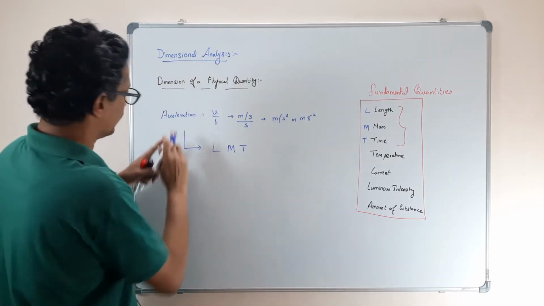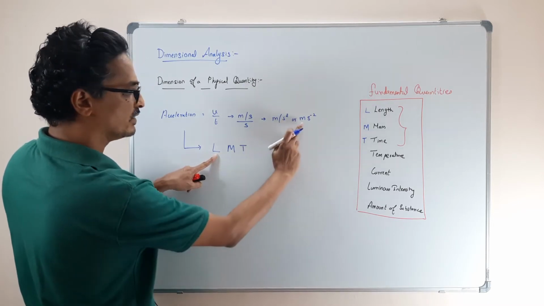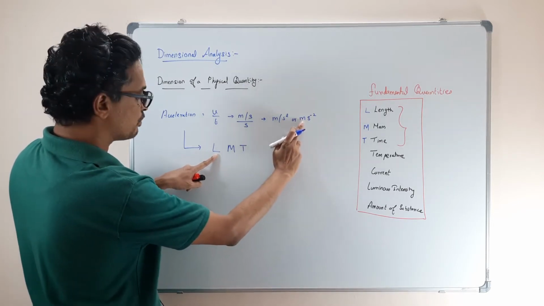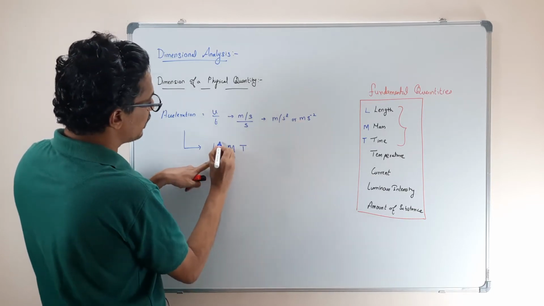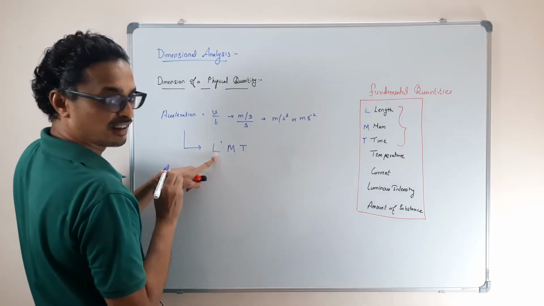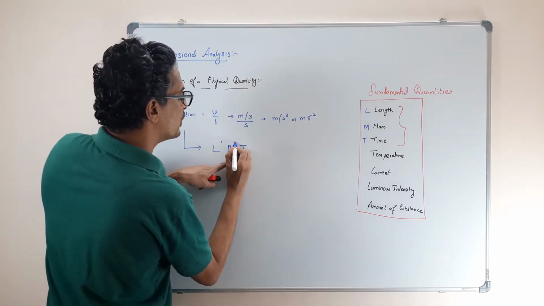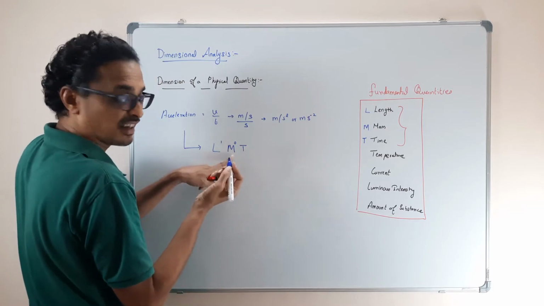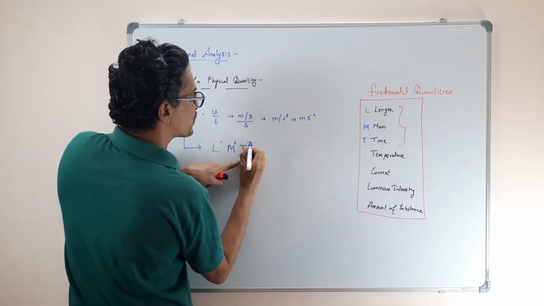Now you see, where is the length here? What is the power of length? Meter squared or meter to the 1? 1, correct? So this will be power of 1. Is there a mass there? The mass will be power of 0, so mass is not there. Is there a time? Time power is minus 2.